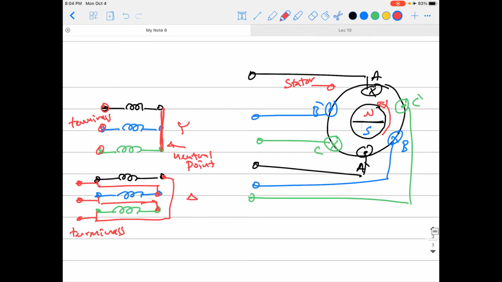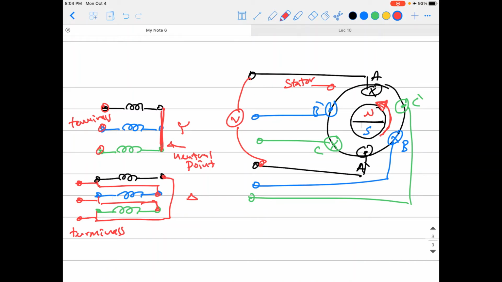So if you're talking about a generator, you're basically applying external mechanical force on the rotor to rotate it, and you just collect the voltage that will be appearing around the terminals of each phase. Okay, but what about if I want this to be a motor?